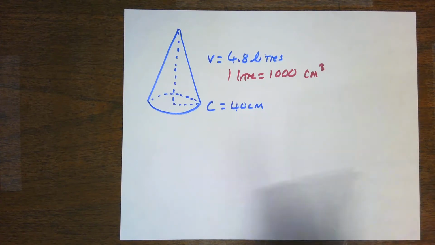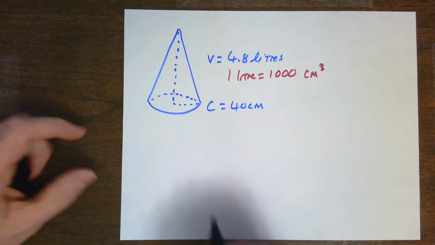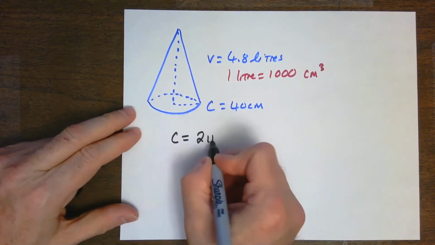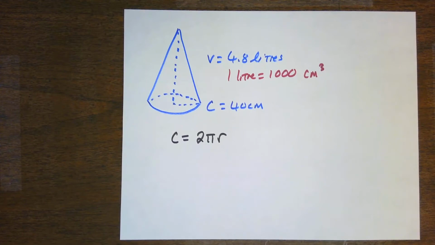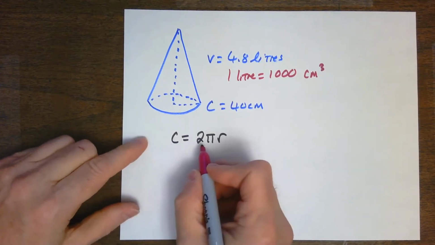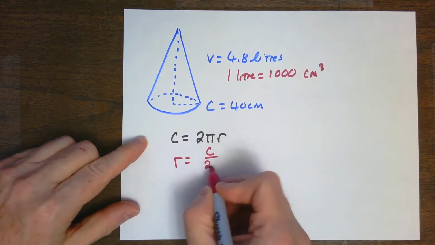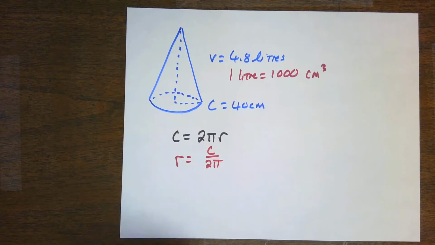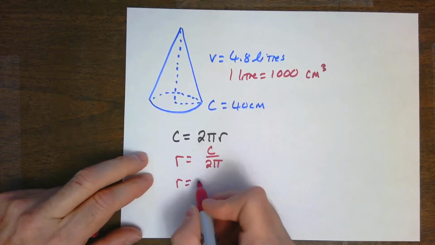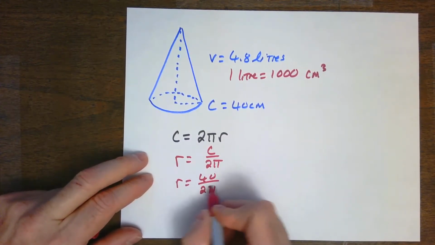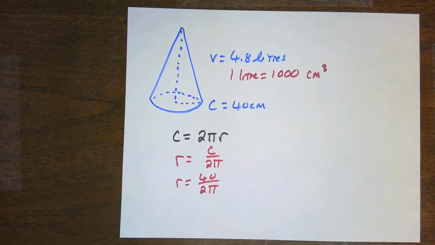All right, here we go. So I know that circumference equals 2 times pi times the radius. If I solve that for radius, I'm going to divide both sides by 2 pi. My radius is going to be circumference over 2 pi. So my radius is going to be 40 over 2 pi, or 20 over pi. And I'm going to leave it like that. That's the radius of that cone.